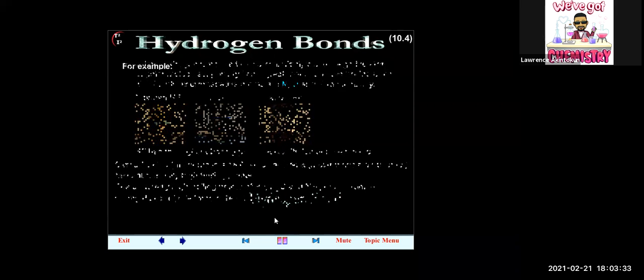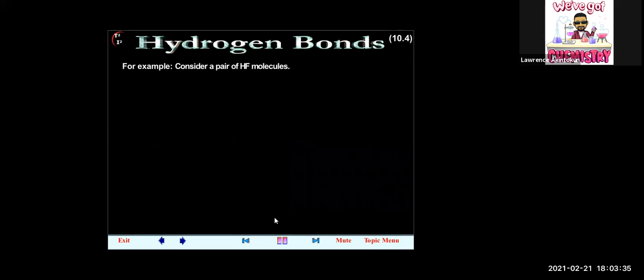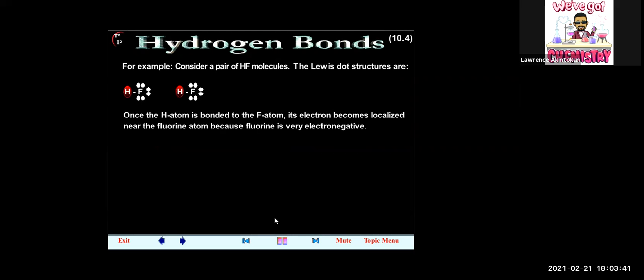For example, consider a pair of HF molecules. The Lewis dot structures are: Once the H atom is bonded to the F atom, its electron becomes localized near the fluorine atom because fluorine is very electronegative. Hence, the positive side of the bond is primarily due to the proton in the hydrogen nucleus.